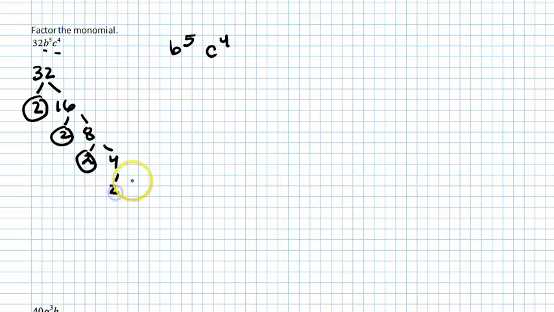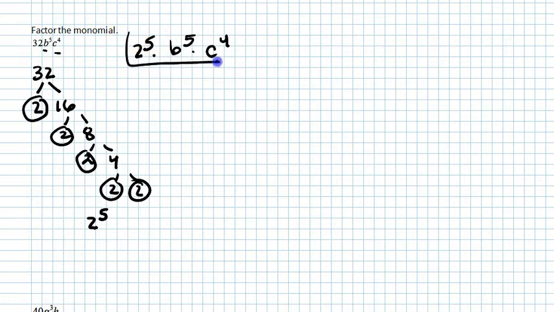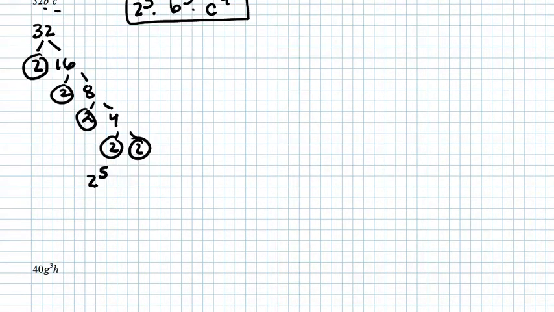And 2 goes into 4 2 times. 1, 2, 3, 4, 5. So it's 2 to the 5th. So the prime factorization of 32 is 2 to the 5th. So 2 to the 5th times b to the 5th times c to the 4th would be that monomial factored out, the prime factorization of that monomial.